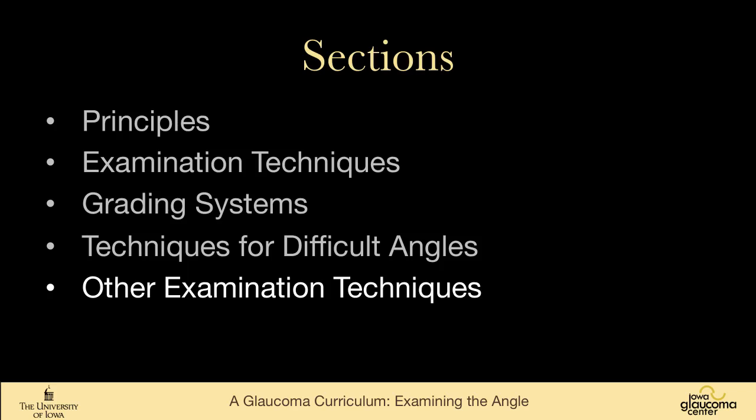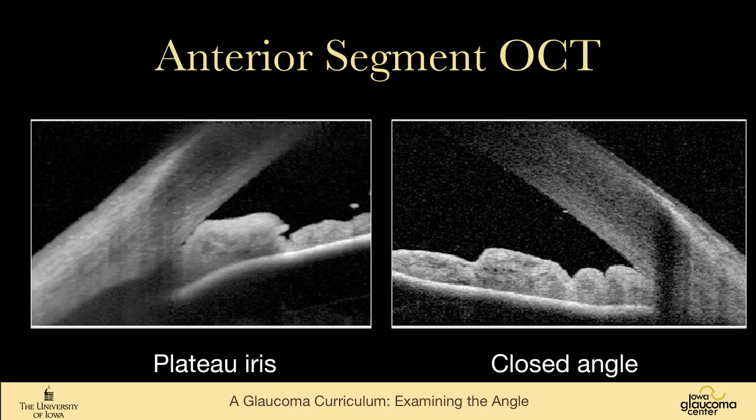Other exam techniques. So gonioscopy is not the only way of looking at the angle. One can use anterior segment OCT, and these techniques are developing over time. You can see plateau iris syndrome here with this steep drop off in the far periphery, or a closed angle here.